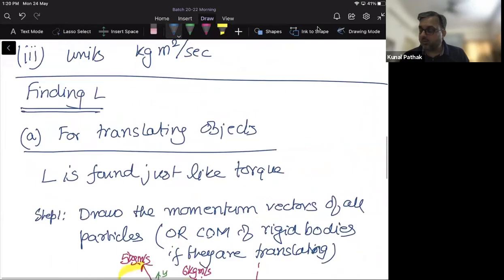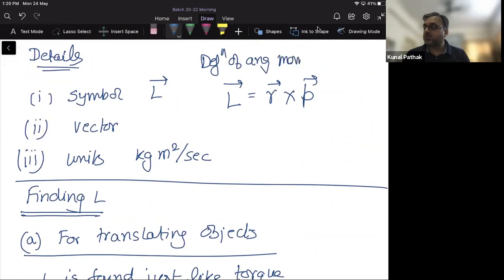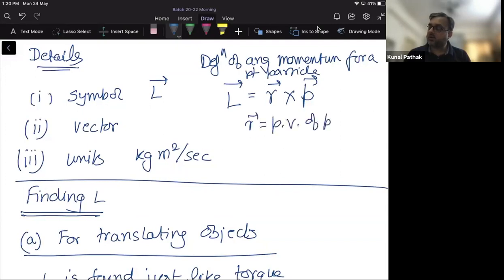I hope nobody is getting confused here. The definition of angular momentum for a point particle is R cross P. R is the position vector of the particle from the origin of choice.